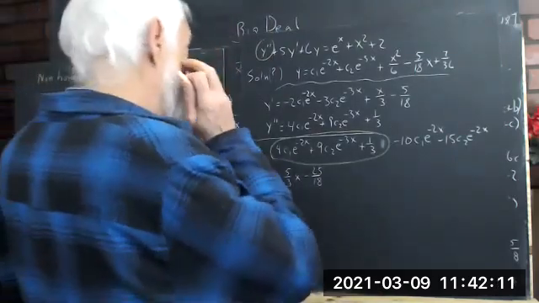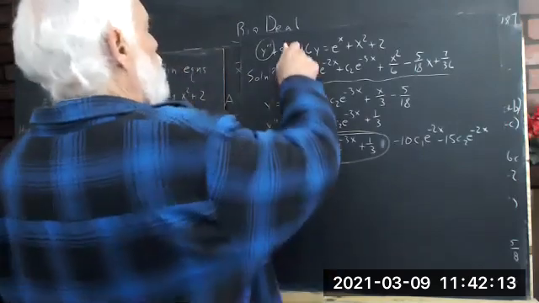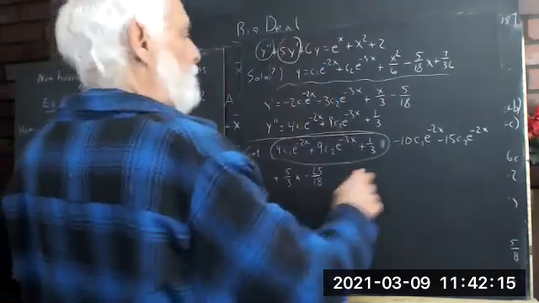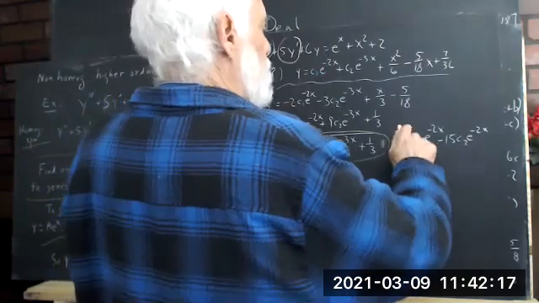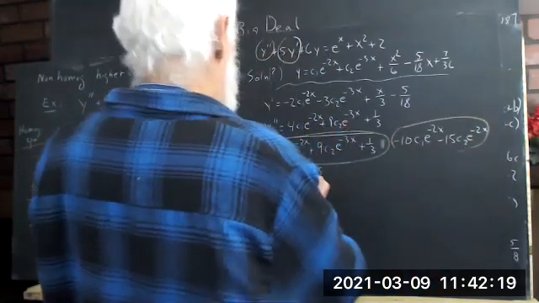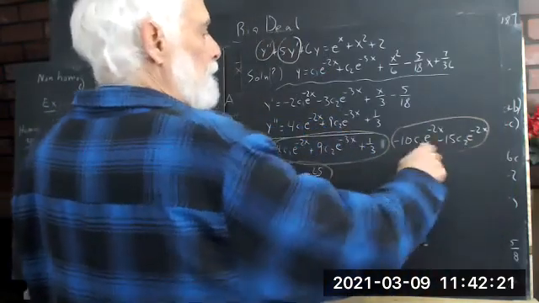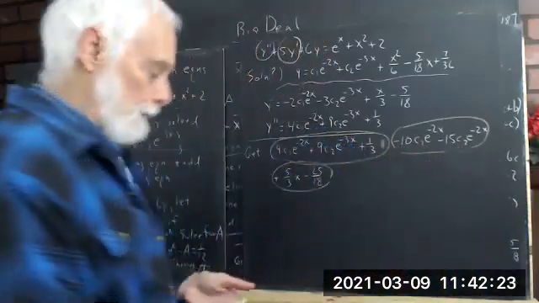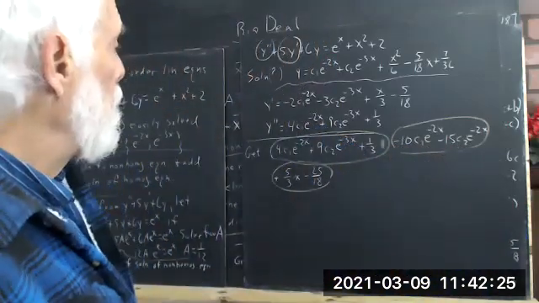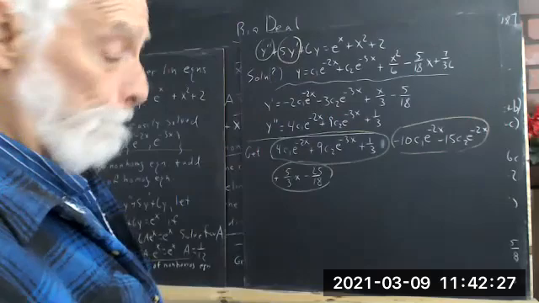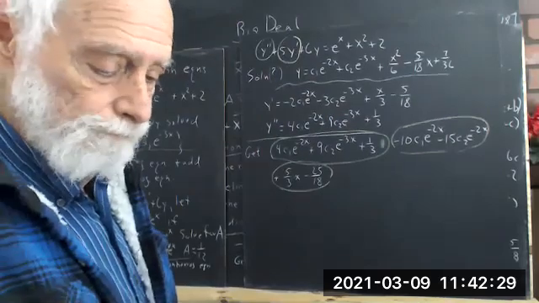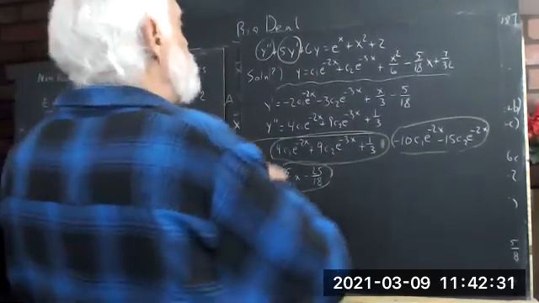Let's see. So here's my 5y prime. So I'll just kind of circle this and this. There's our 5y prime. And that's going to be plus 6y. And we'll make that blue.